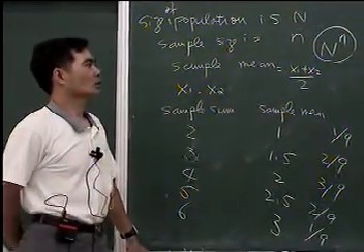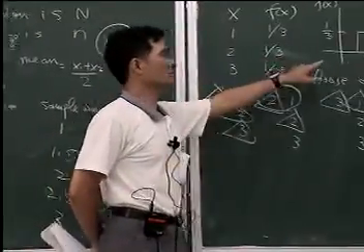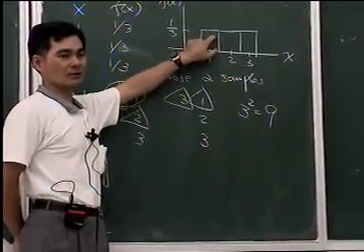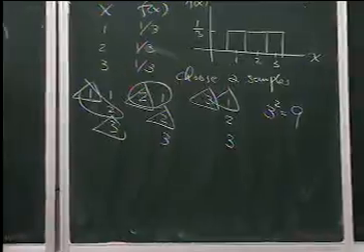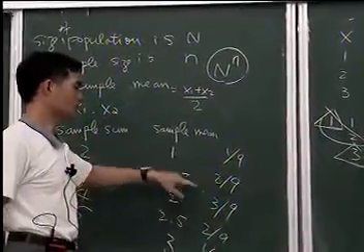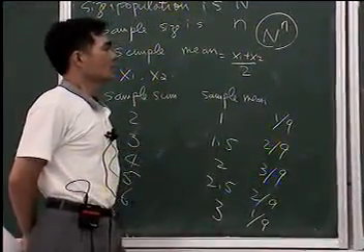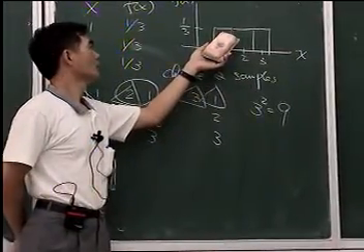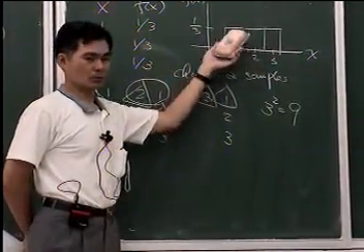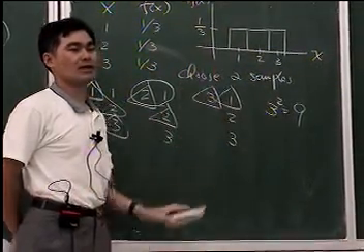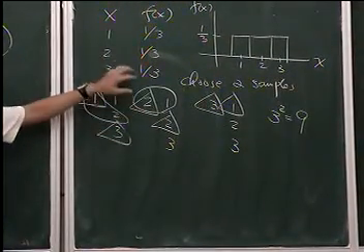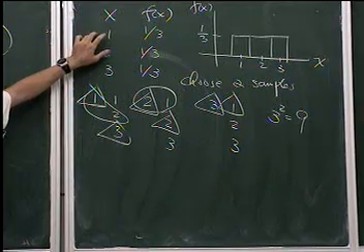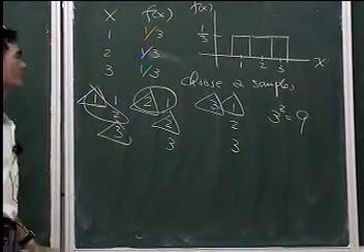Okay, so remember, this is the population, right? This is the population, and this is the simple mean or simple sum, okay? So the original distribution is a uniform distribution, but after we take 9 samples out of this population, right, okay, what do we get? We get something like this.